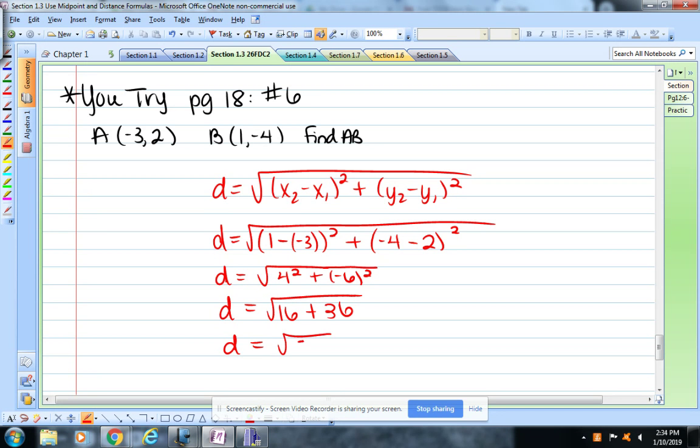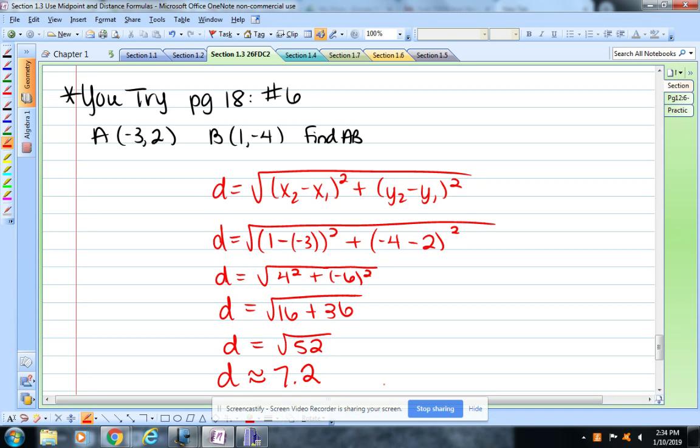So the square root of 52. And if I round that, that's approximately what? 7.2-ish. Did y'all get something close to 7.2? Raise your hand if you did. Y'all did awesome. So again, be real careful because if you missed the sign right here, that would have kind of made y'all get something different.